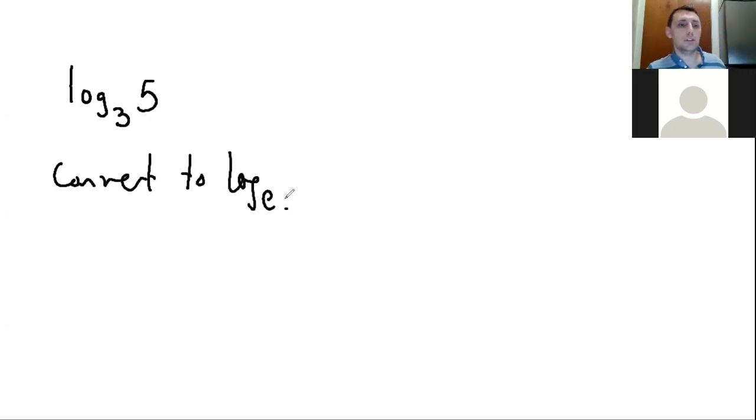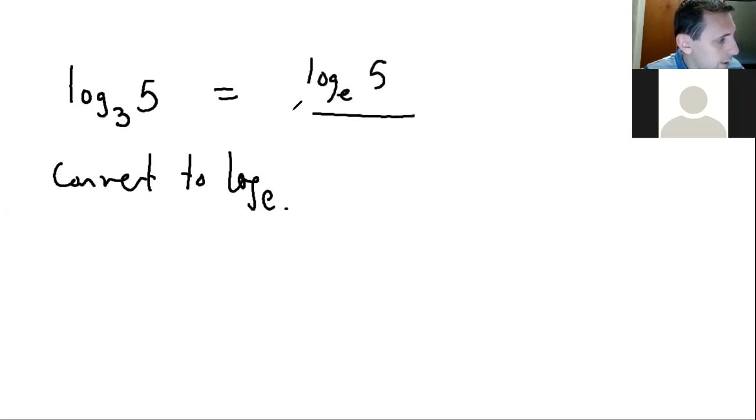Evaluate it in terms of log base e. What do you type in the comments quickly? Come on, faster, guys. Yes, so all you do is simply, according to this formula, you write log base e of 5 divided by log base e of 3. That's the conversion. Good.